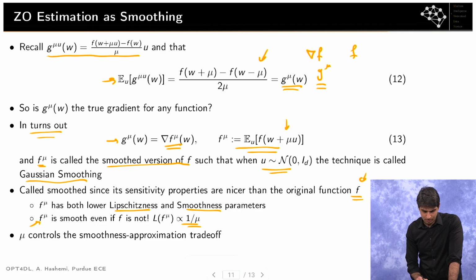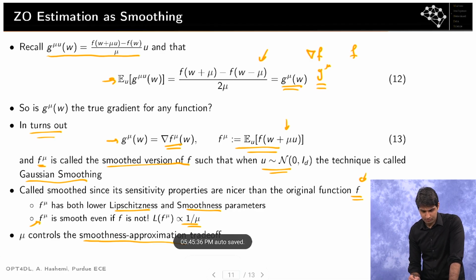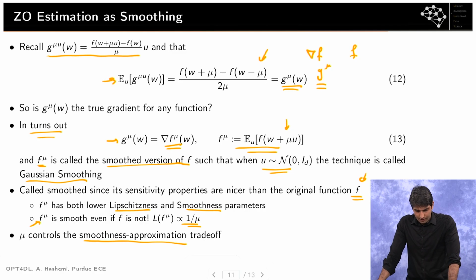In particular, mu controls the smoothness and approximation trade-off. The larger mu is, the nicer this function f mu is going to be, because it's going to have better smoothness parameter, for instance, but the approximation is going to be worse.